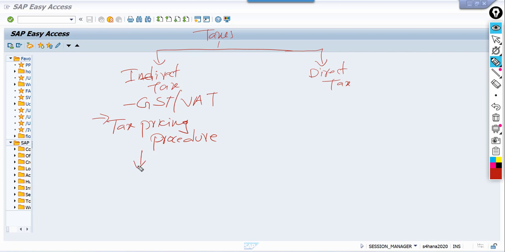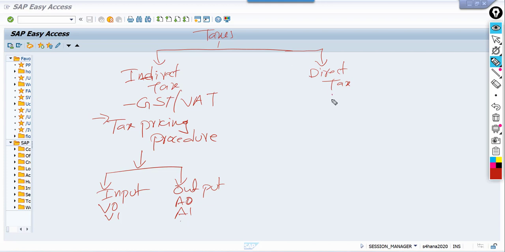Here we are using tax code based on input and output. Input means purchases, output means sales. Input tax code starting from V0, V1 like this. Here A0, 0% tax, A1 like this.